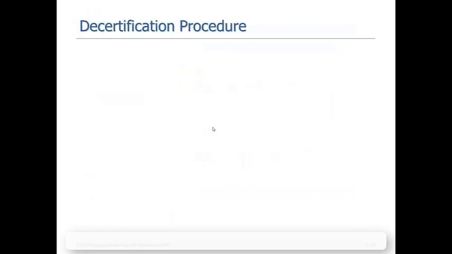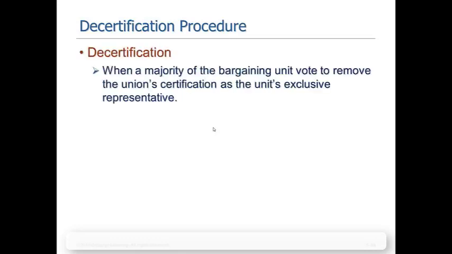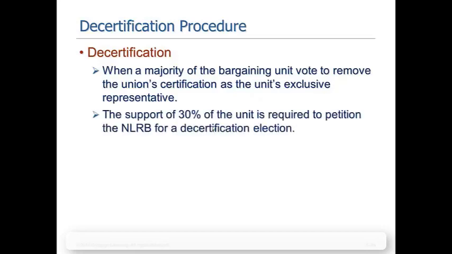Now, just as there is a process for determining the certification of a union, unions can be decertified. And the process is in many ways very similar to the certification process. So when a majority of the bargaining unit votes to remove the union certification, that is the process of decertification.